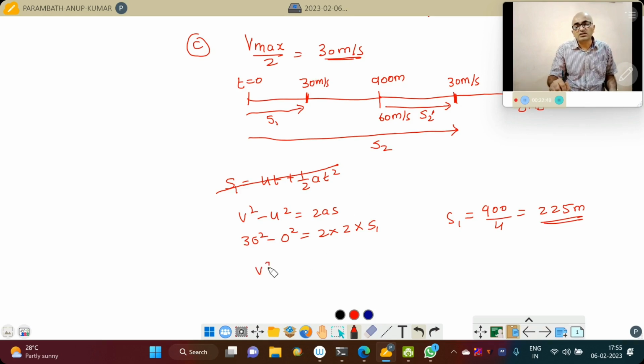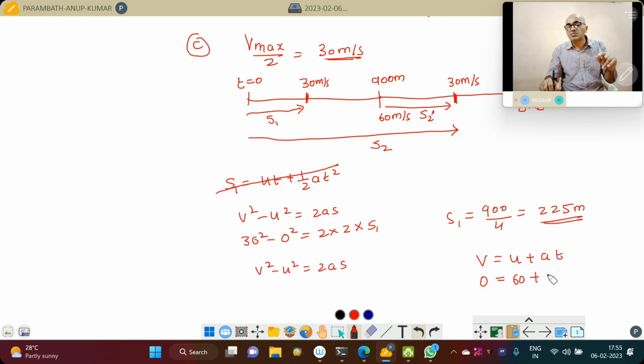V square minus u square is equal to 2as. I don't know the deceleration, but there is a way to do it. V is equal to u plus at. The final velocity is 0 when it stopped, and its initial velocity when the brake starts is 60, plus a into the time taken for braking, 60. Therefore the deceleration is minus 1 meter per second square.